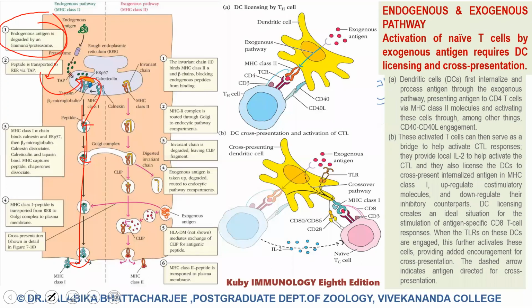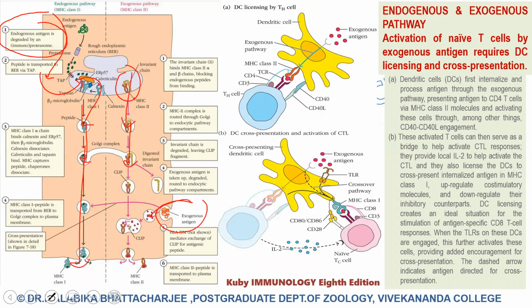When we are looking into the exogenous pathway, you can see we are having the MHC class 2 molecules, but the MHC class 2 molecules are in presence of invariant chain which binds to the class 2 alpha and beta chains, blocking the entry of any endogenous peptide into the binding groove. Then as you can see, the MHC class 2 containing the invariant chain, that compartment is routed through Golgi to the endocytic compartments. Meanwhile, the antigens have been engulfed.